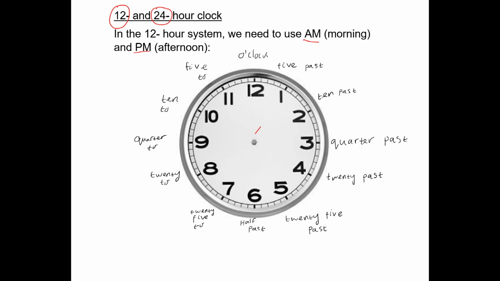If you had the large hand at 1, small hand at, say, 2, it would be 5 past 2, and so on. So if we do the large hand on the 8 and the small hand somewhere between the 4 and the 5, we know that would be 22:05.